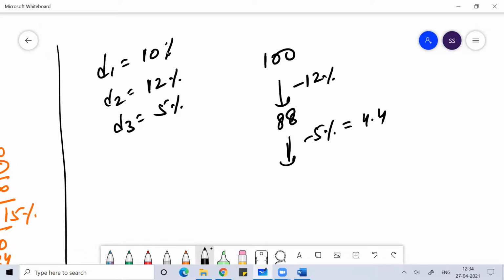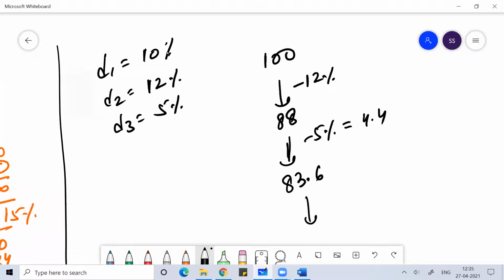So how to subtract 4.4? Minus 5 plus 0.6, so you get 83.6.